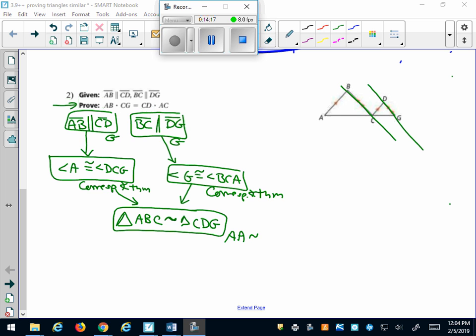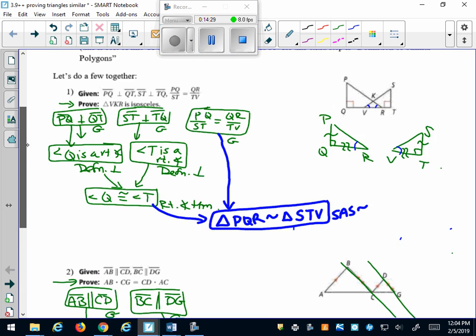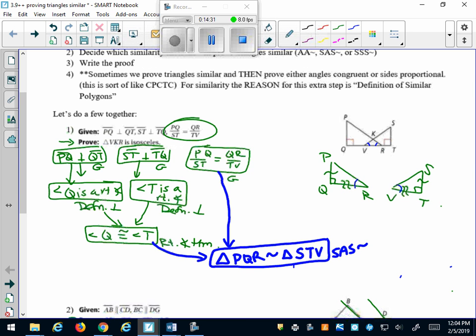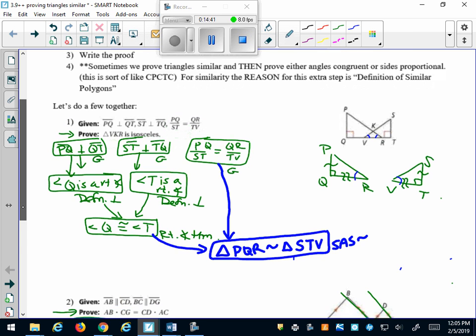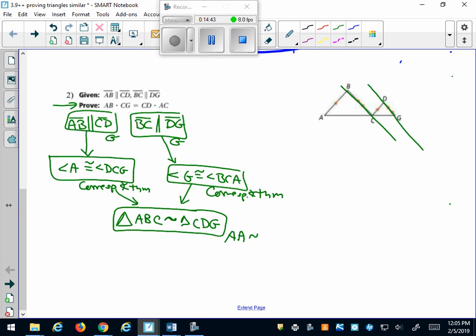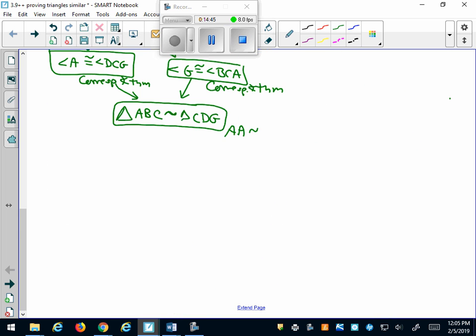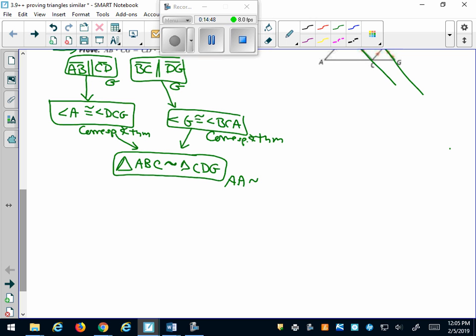There's only two choices of what that next step could look like: either an angle congruent to an angle, or a statement that looks kind of like this, saying sides are proportional.